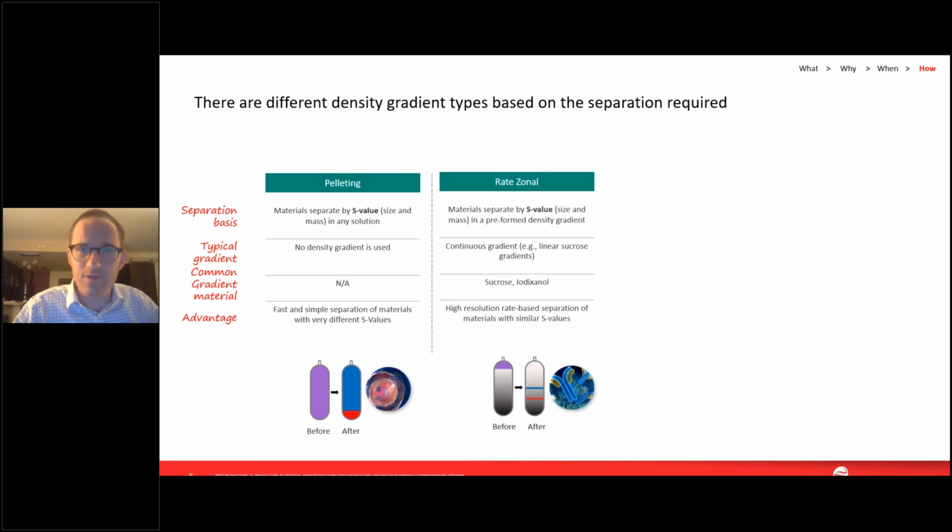But let's get into the density gradients, right? Rate zonal is similar to pelleting in the sense that the materials are also separating by their size and mass, but they're doing so in the presence of a density gradient. And this is a continuous gradient. Commonly it's sucrose, but there's other media that we'll get into later. This can offer a very high resolution, rate-based separation.